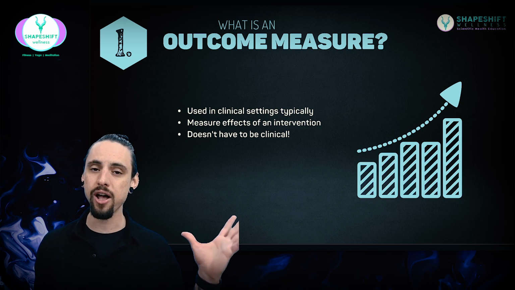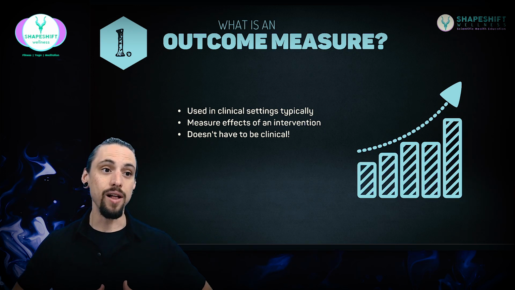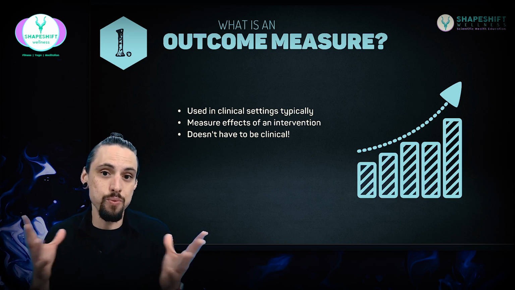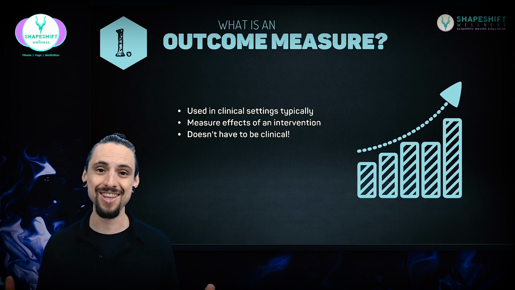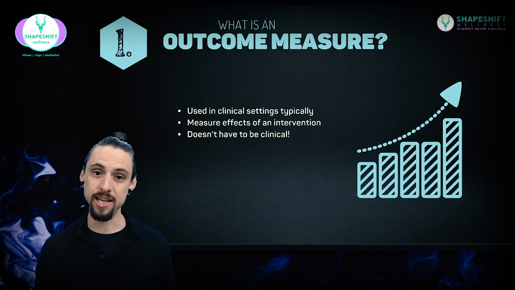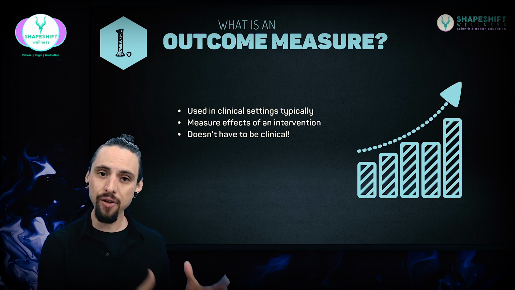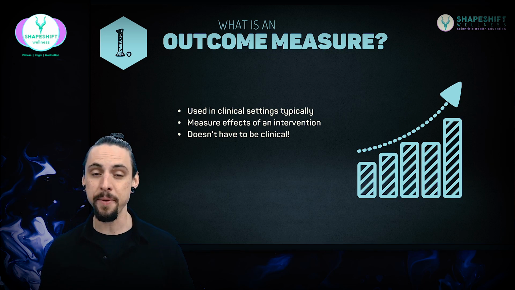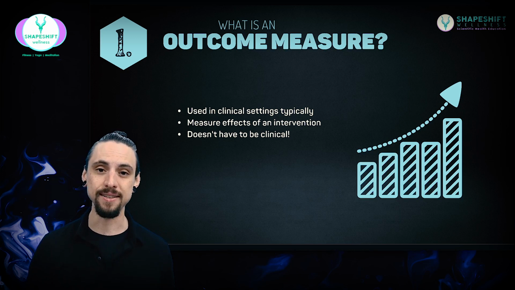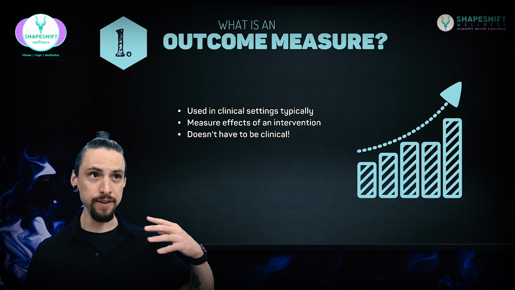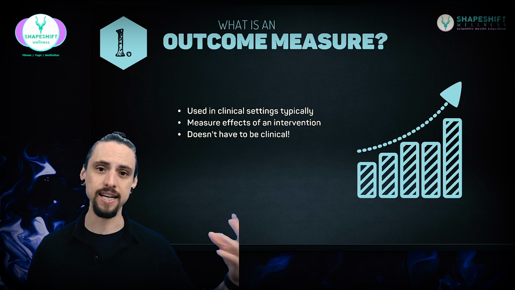Now, what an outcome measure is, well, it's anything that you measure. It's anything that you can actually track that shows you that you're making some kind of progress, or maybe the opposite is happening and people are getting worse over time. In healthcare, that's usually something like pain or disability, or in mental health, things like anxiety, depression.